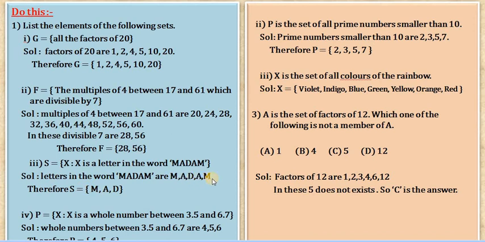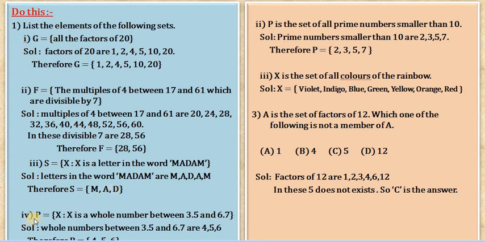But there are some rules. You have two rules. One is that an element should exist only once. That means if you write M once, the second M should not be written. So A only once. We have two A's, but instead of two A's, we write one A only. Next D. So S contains M, A, D.